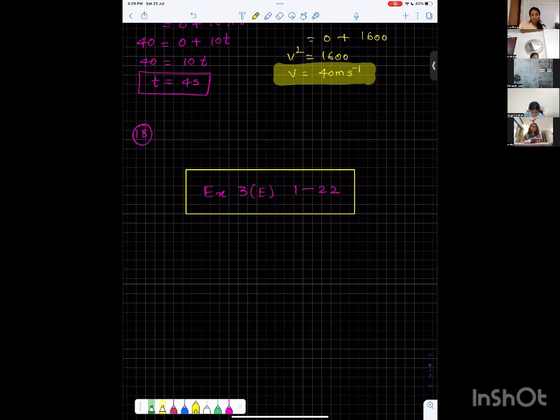Can somebody post the homework on the group? I'll also send this on the group later on as a PDF. There are 22 questions. I'm not saying numerical questions.